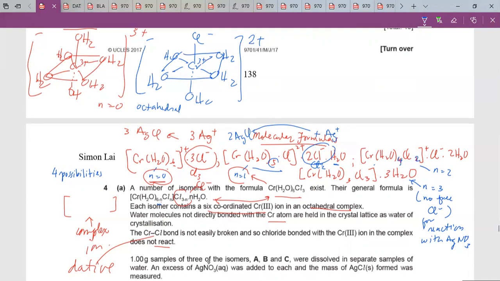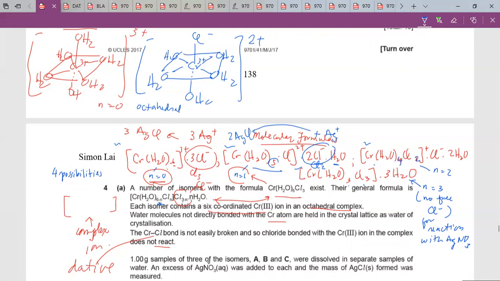Now if N is 3, this water is 3 and Cl is 3, and 3 minus 3 is 0, isn't it? So there are 1, 2, 3, and there are 4 possible structural isomers.